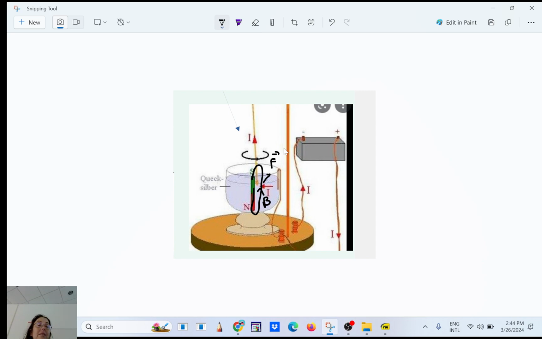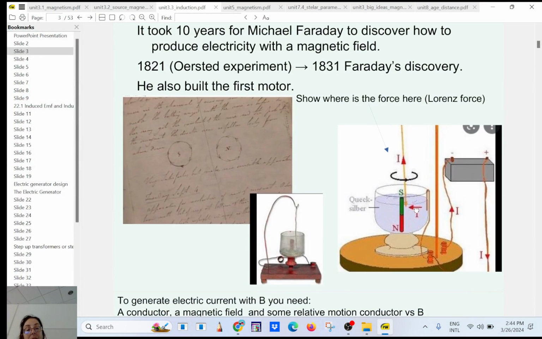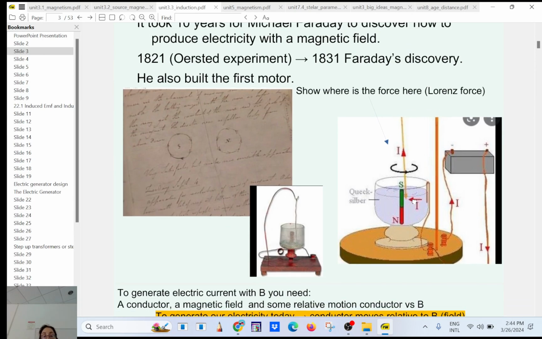It's going to rotate about the axis. So you have a motor. It's like the first motor that was built by Faraday. Is that clear? Okay. So you have current flowing in this direction, magnetic field is flowing in that direction, so there is a torque into the board. Maybe it's challenging, I don't know. I might remove that question.